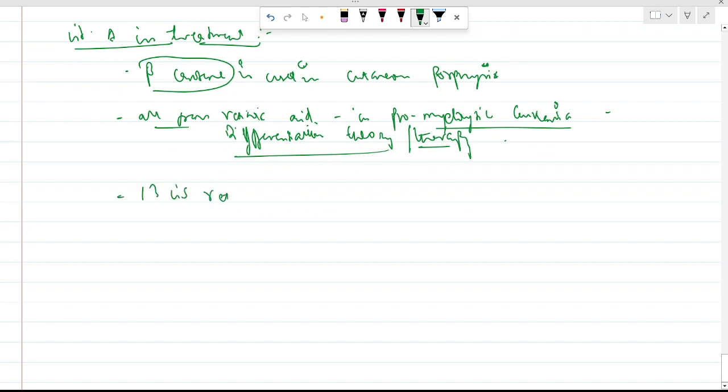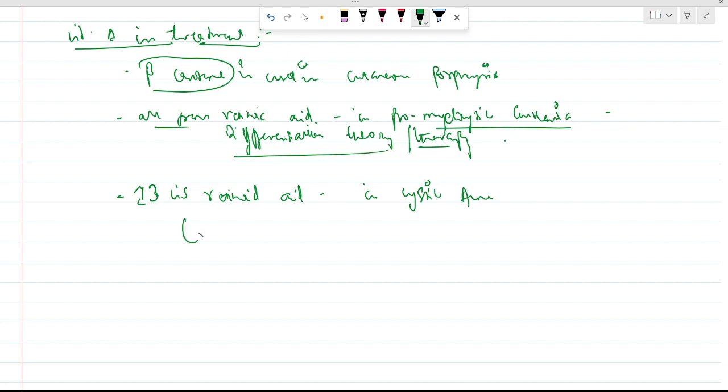13-cis retinoic acid. 13-cis retinoic acid is used in cystic acne.